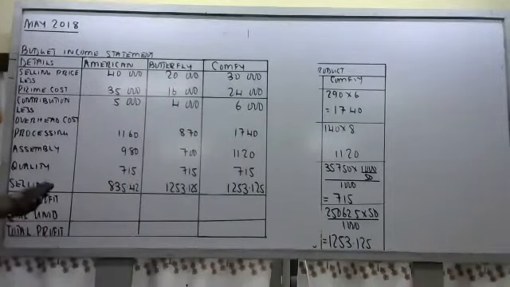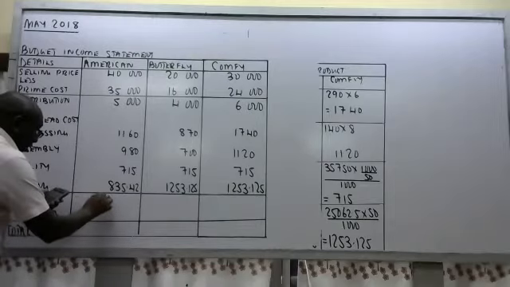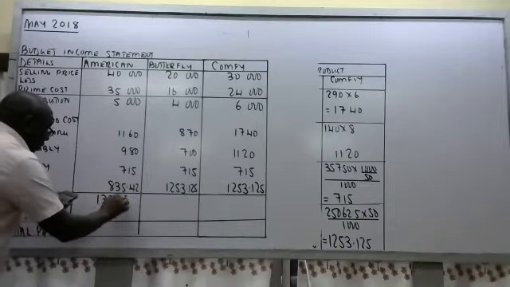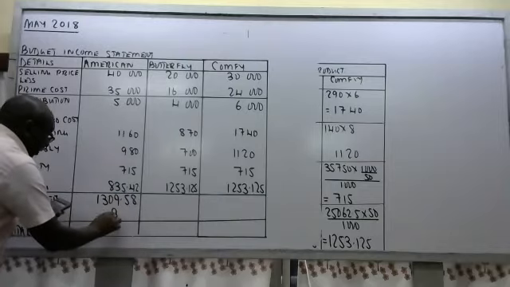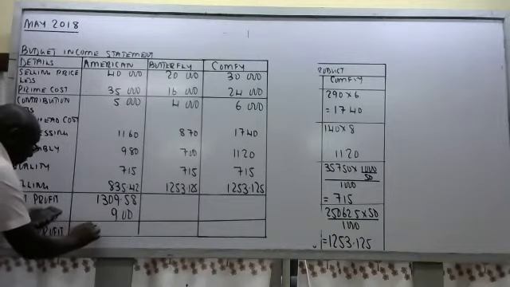So now we say 5,000 minus 1160 minus 980 minus 715 minus 835.42 equals 1309.58. The number of units is 900.